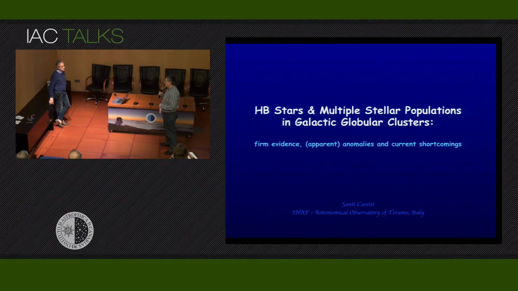So we guess that in the next year we can have this new extension of the stellar evolution library Basti, so we can apply to multi-populations, for example, in globular cluster and dwarf galaxies.